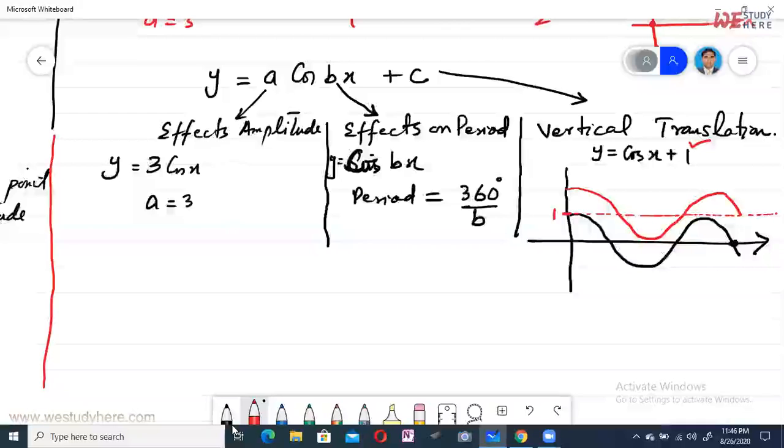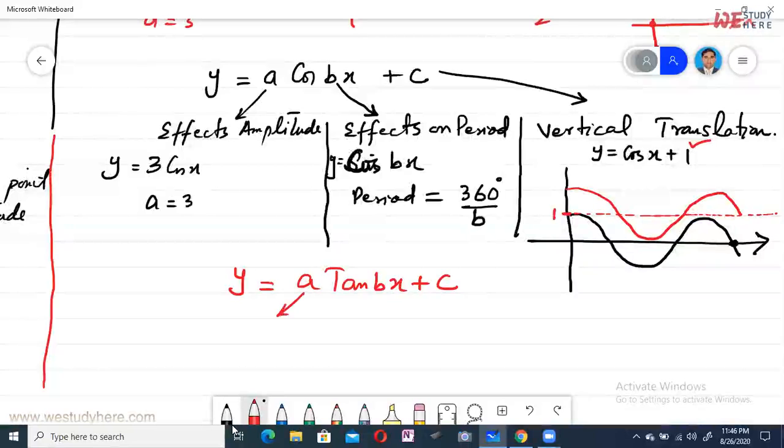Then after that, y is equal to a tan bx plus c. Here in tan, this a does not represent the amplitude. You know, in sine and cosine, the graph is like a wave.